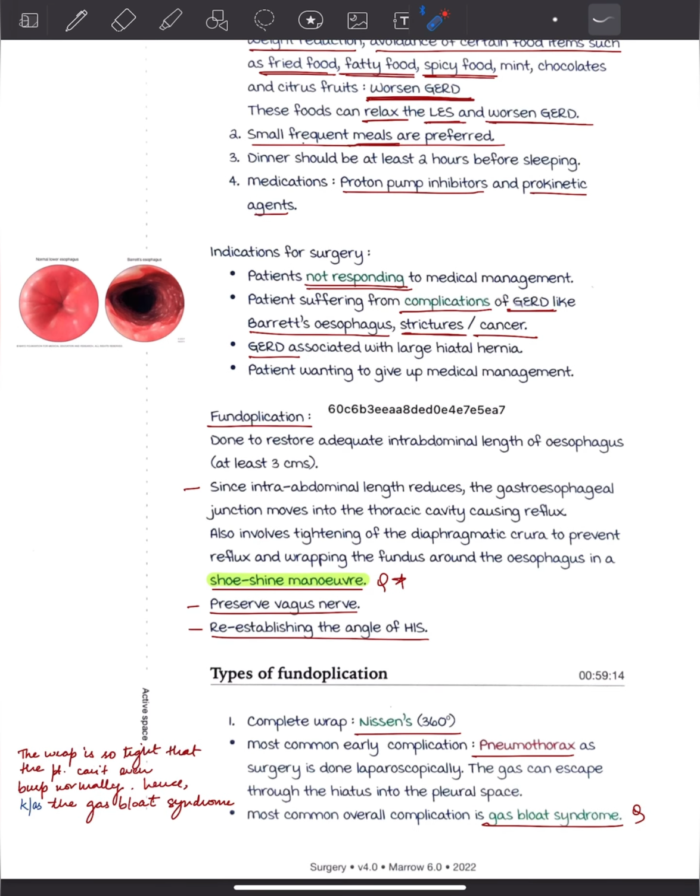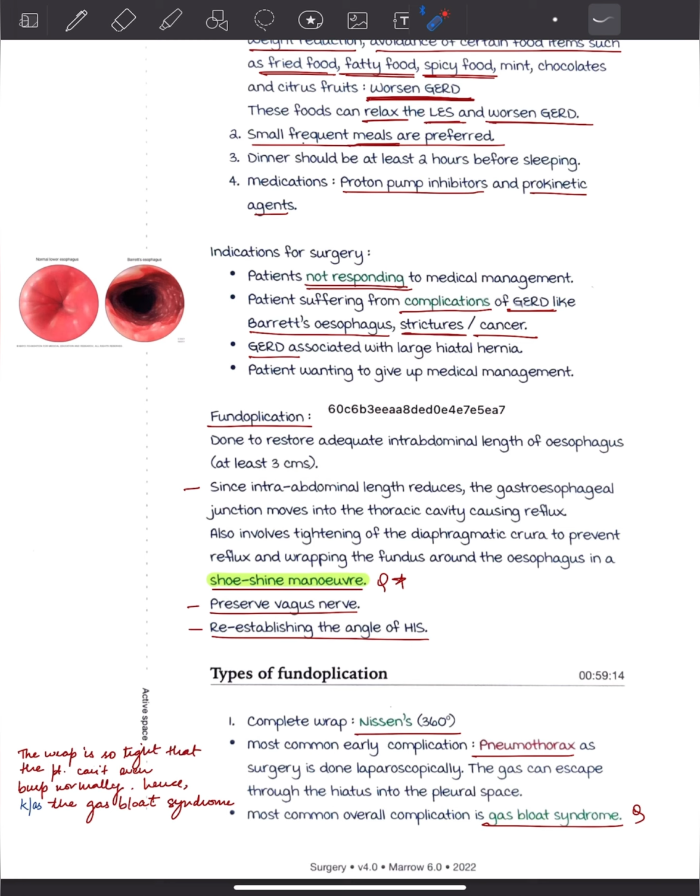Okay. So now let's study about fundoplication. What is it? It is done to restore the adequate intra-abdominal length of the esophagus. Now the length of the esophagus, we have studied that if less than 2 centimeters, it can be a risk factor for GERD. So it should be at least 3 centimeters.